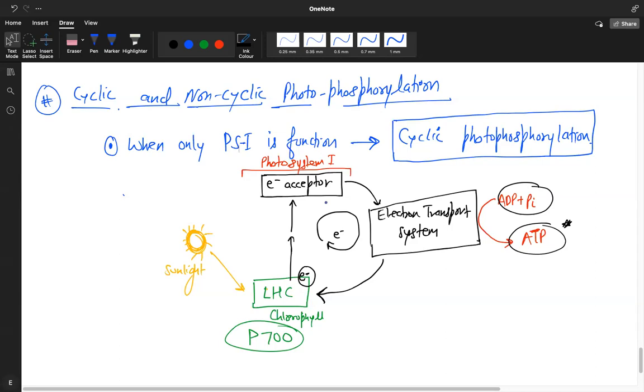Now, what are the conditions where splitting of water can still take place? I'll tell you for your entrance perspective in the next class. Okay, so we will go from here onwards to the details of why these ATP and NADPH are produced and where they are used.